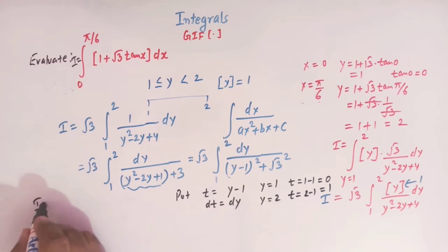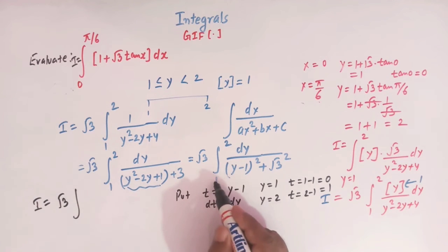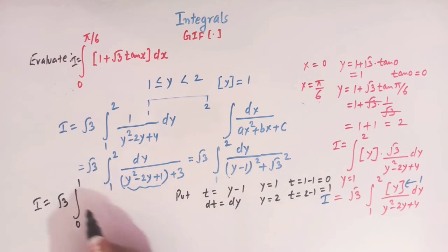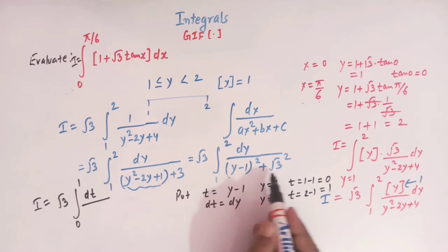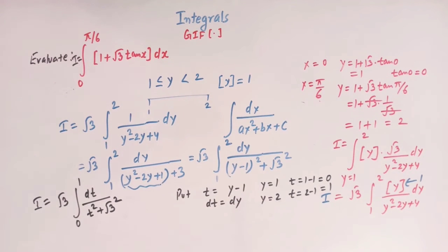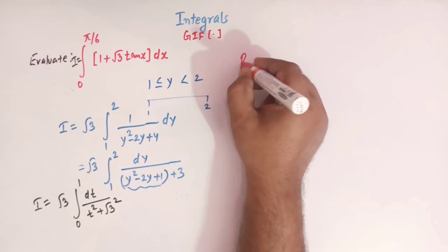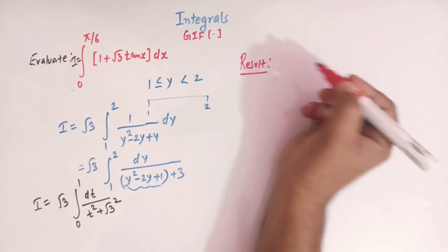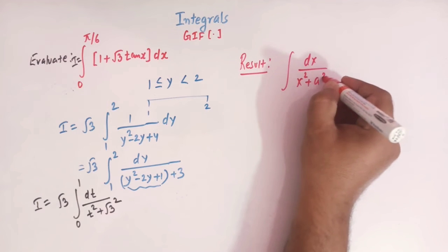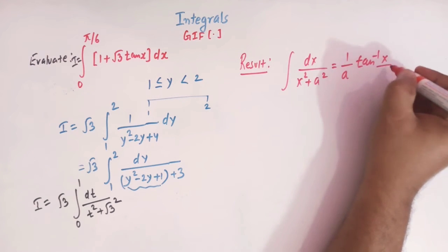So now this integral I becomes square root of 3, and we have the limits from 0 to 1, right? From 0 to 1, and for dy we have dt, and in the denominator we have t square plus root 3 square, right? Now in order to evaluate this integral, we'll make use of this important result from indefinite integrals, that is dx over x square plus a square is equal to 1 over a tan inverse x over a, right?